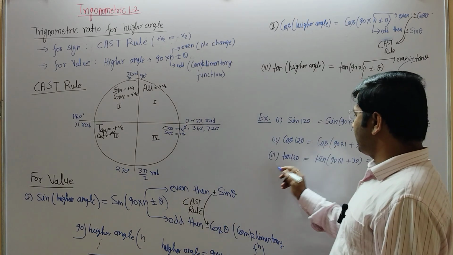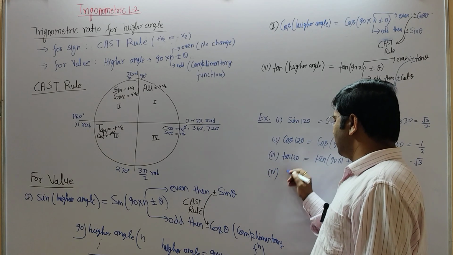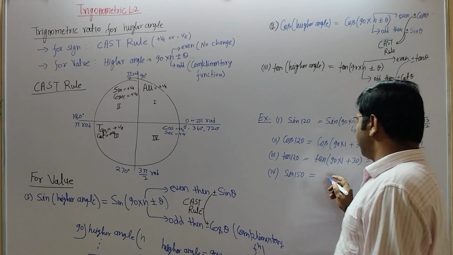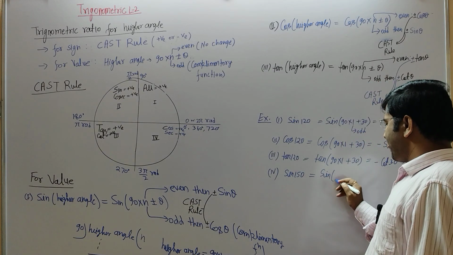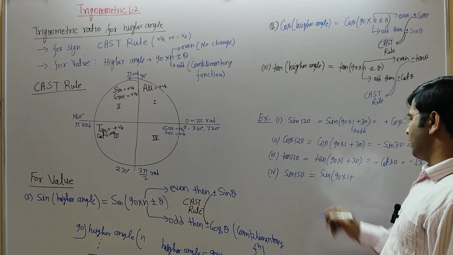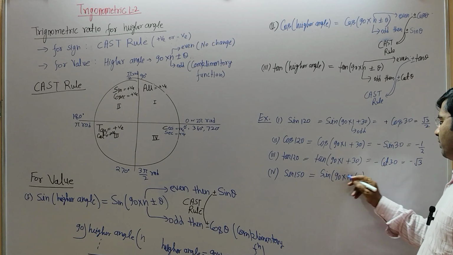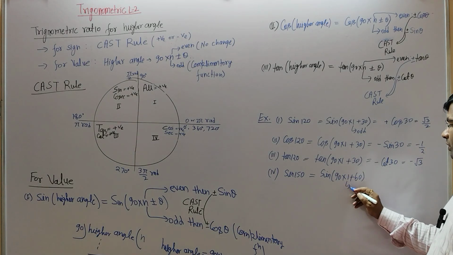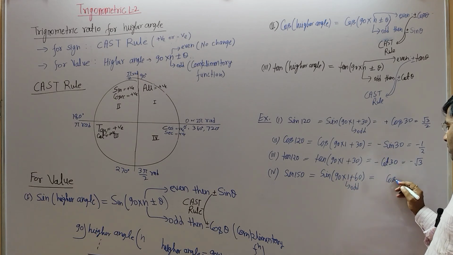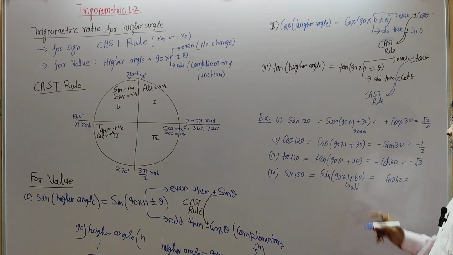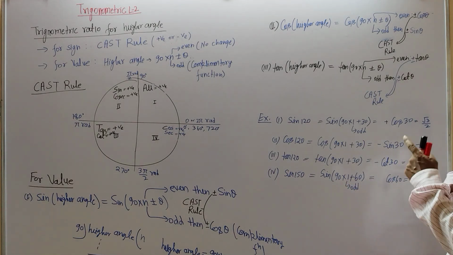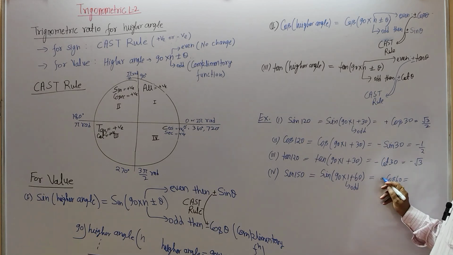Okay, so similarly we can find out some more, like sine 150, which is also popular. Sine 150 means 90 into 1 plus 60 degrees. Again, because this is odd, sine will convert into cos, so this is cos 60. Is it positive or negative? 150 will again be in the second quadrant, so this will be positive.